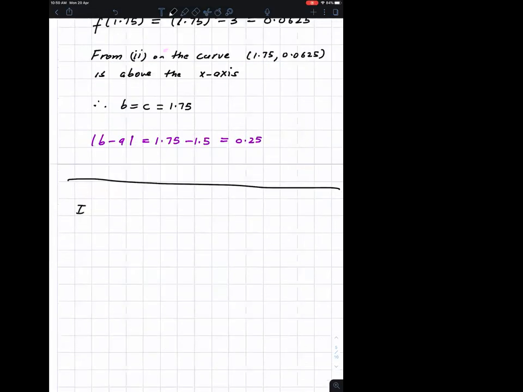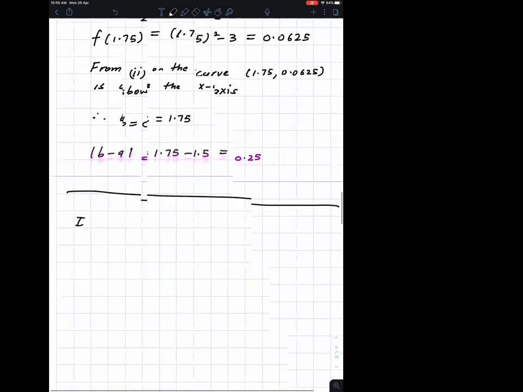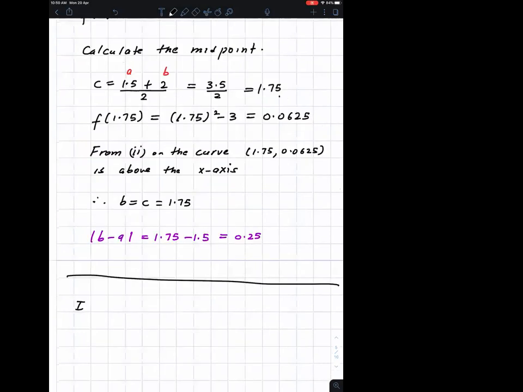Sir? Yeah? For iteration 2, right? We are finding y of 1.75 equal to... Why is it? You're asking why? Hello?